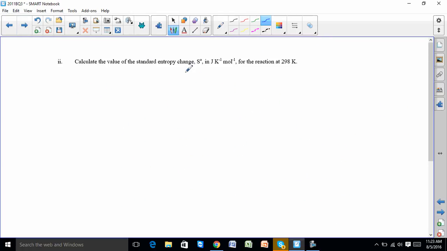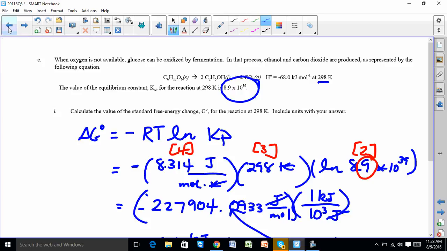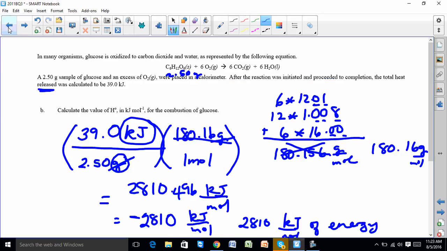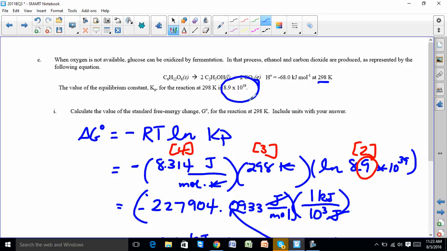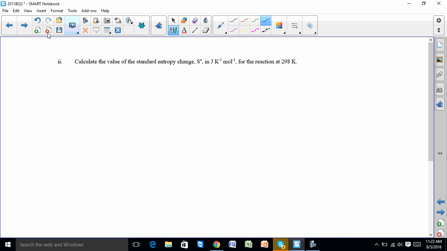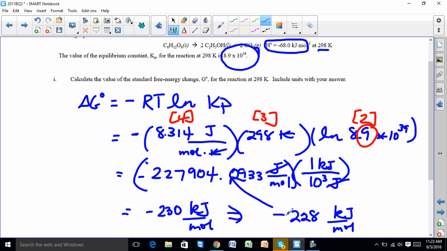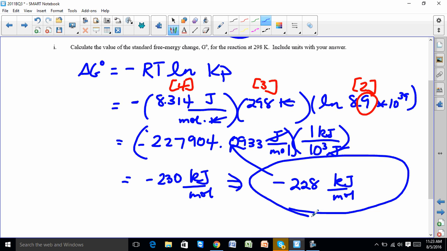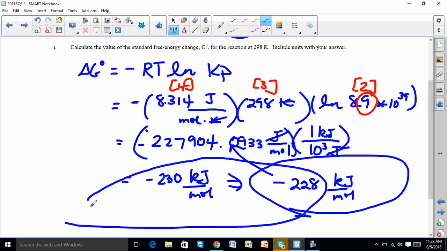Then calculate the value of the entropy change in joules per mole K at 298. And so this one, now, here's what you've got to get. They gave us delta H right here, and we just solved for delta G right here, or right here.